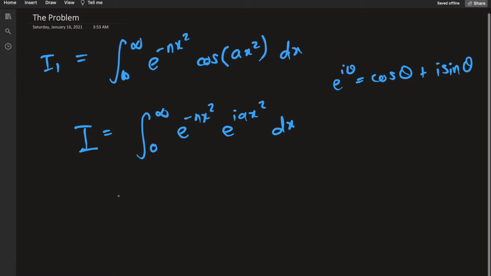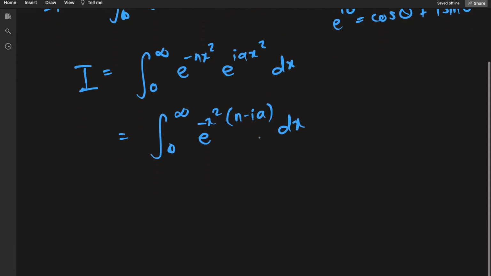And when I do that I can basically club some terms in the exponential part. e to the, I can pull in a negative x squared, times (n minus ia), dx. Well, n is a constant, a is a constant, i is the imaginary unit, so this entire thing n minus ia is just another number. It's a complex number, but it's still a number.